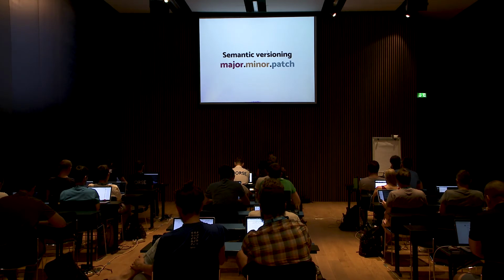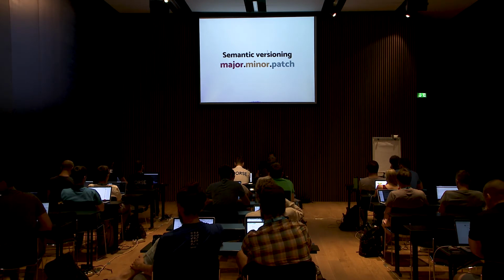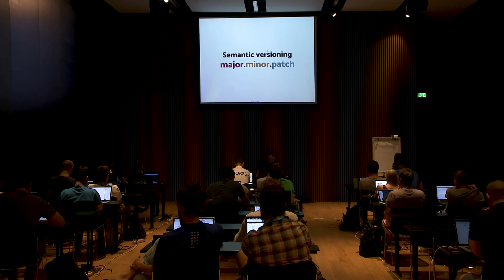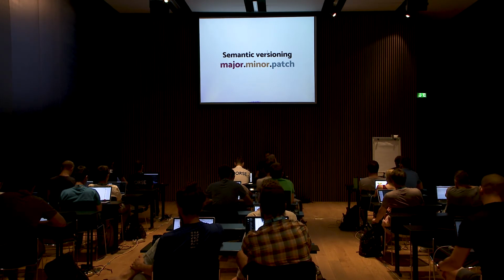Which is why NPM allows you to specify a version range rather than a specific version that you depend on. Usually, the clever thing is to just say anything that has a minor or patch version higher than this given version is okay with me. The notation for that in NPM is caret and then the version.